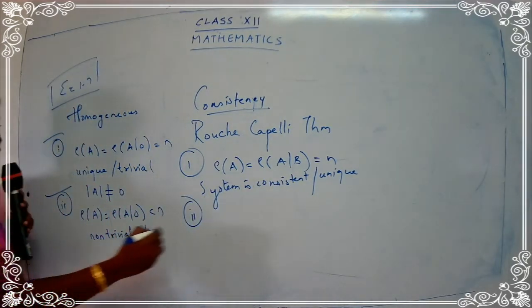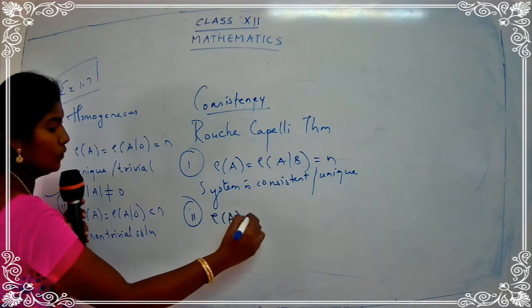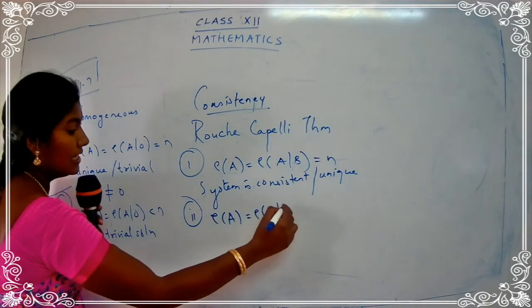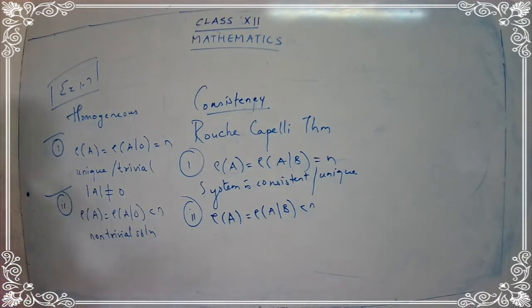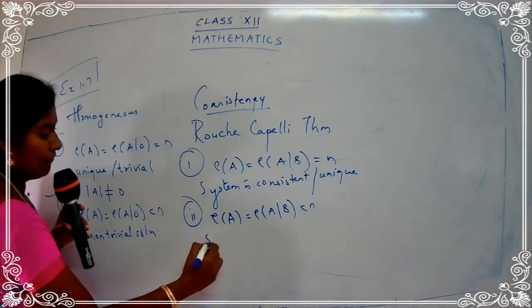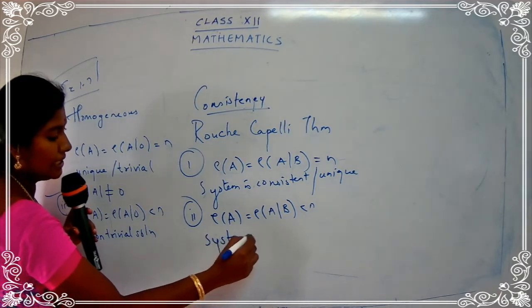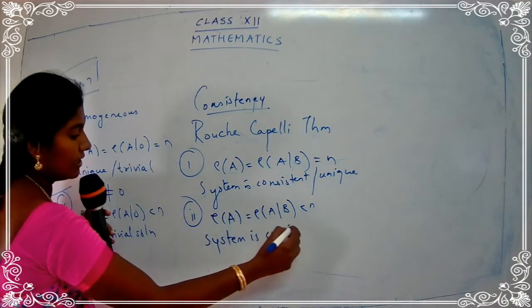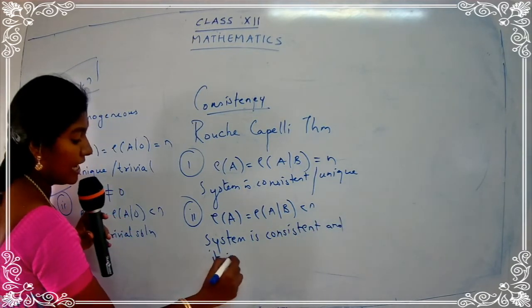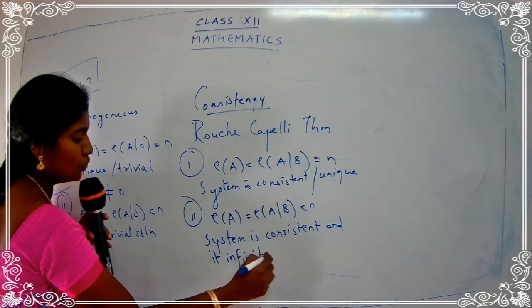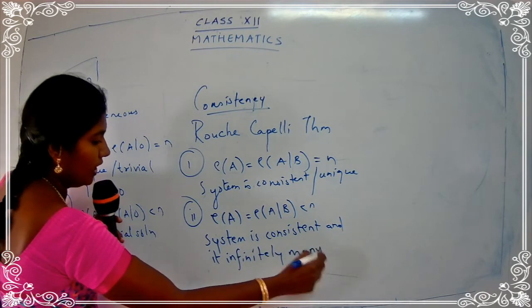If rank of A is equal to rank of AB is less than N, you have to say the system is consistent and it has infinitely many solutions. Okay, done.